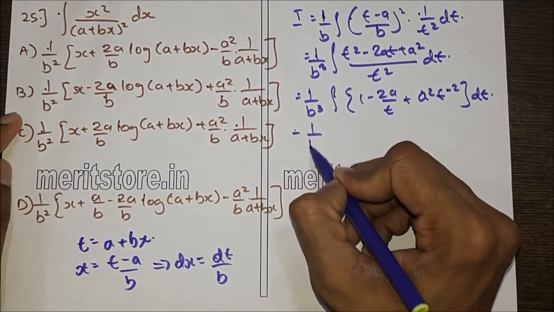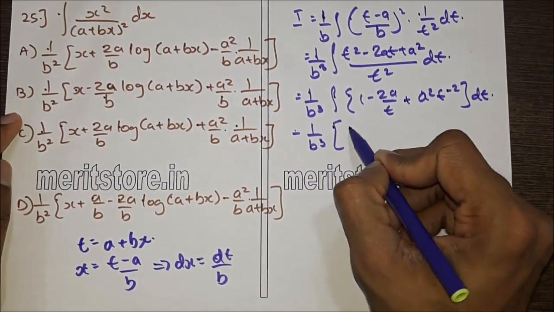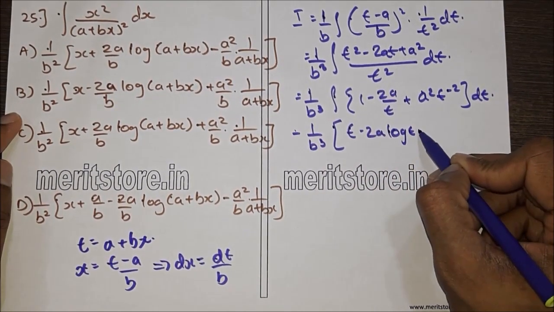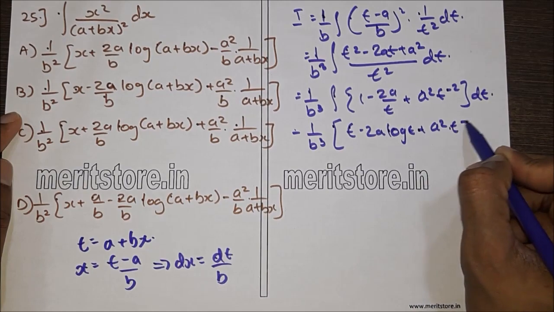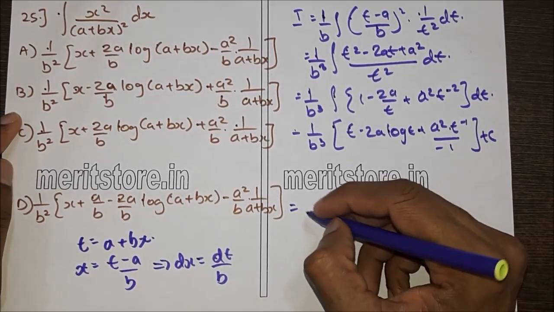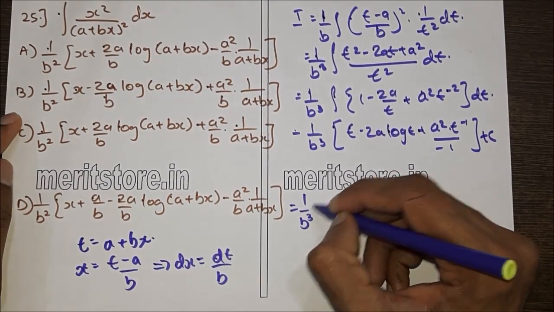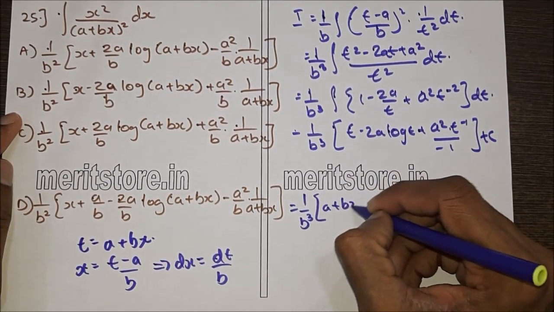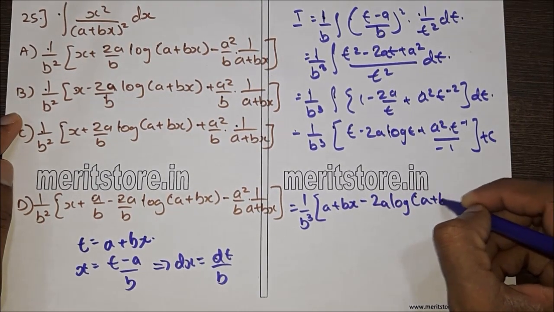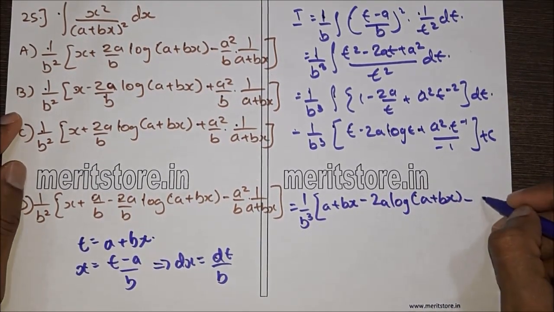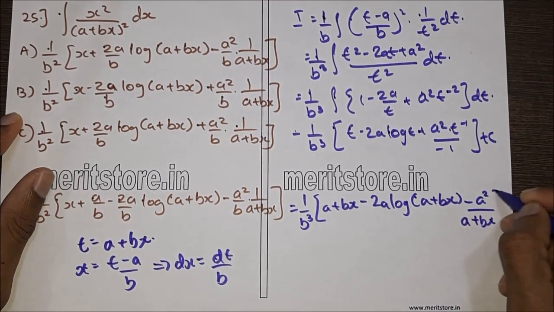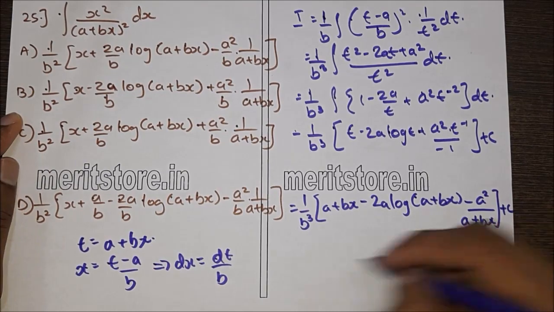Taking integration, we get 1 upon b cube t minus 2a log t plus a square into t raised to minus 1 upon minus 1 plus c. For the solving, we get 1 upon b cube a plus bx minus 2a log a plus bx minus a square upon a plus bx plus c.